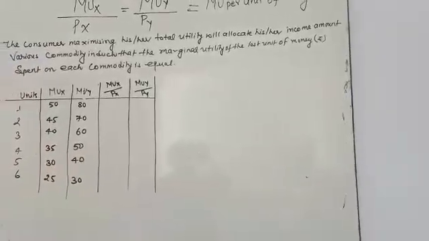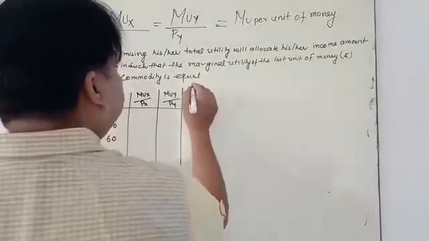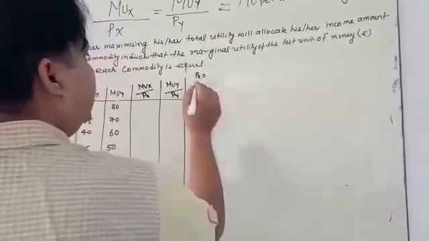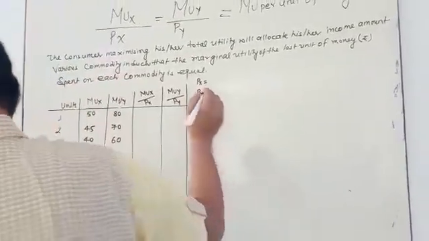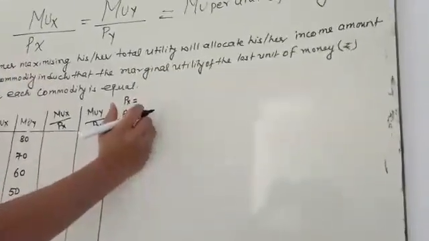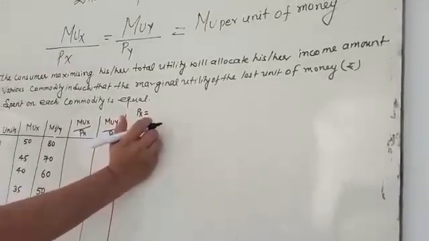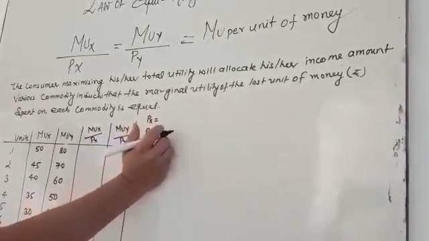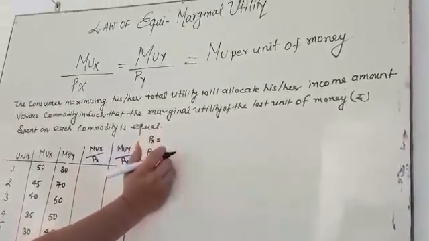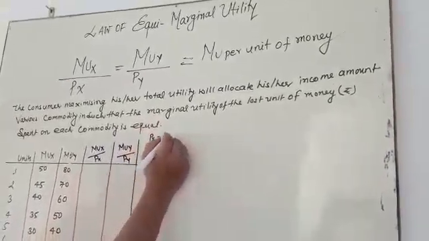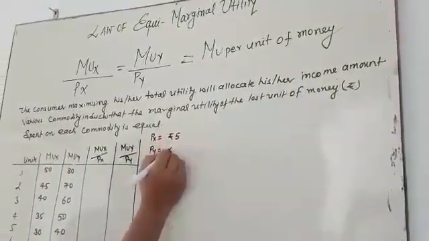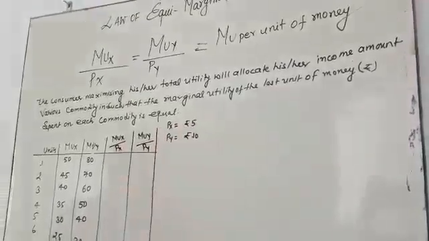So I am going to take the price of X commodity and the price of Y commodity. Suppose the price of X commodity is 5 rupees and the price of Y commodity is 10 rupees. Okay, this is the price.